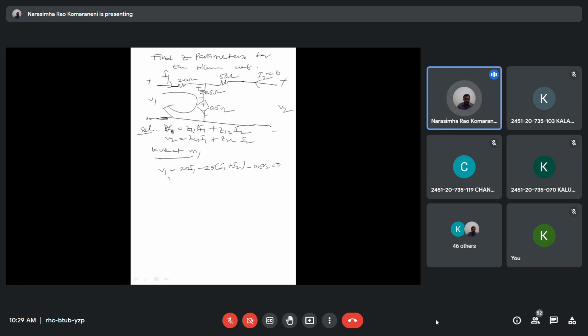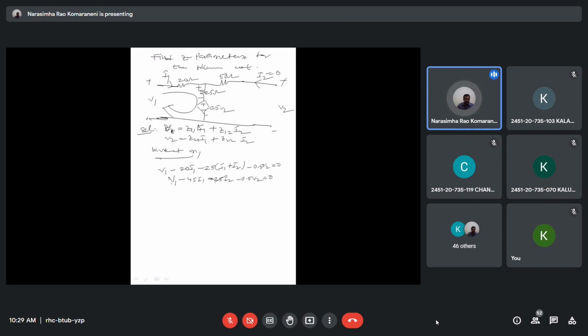So therefore, if you rearrange this equation, this is V1 equal to 25 plus 20, that is 45 I1, and this is plus 25 I2. This term becomes 0, right? As the port is 0, this term becomes 0. Therefore, minus 0.5 V2 is equal to 0.